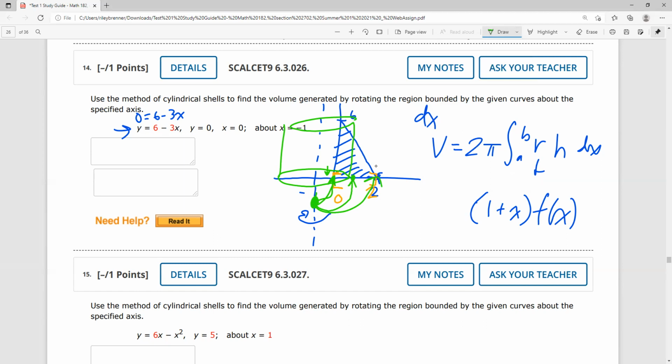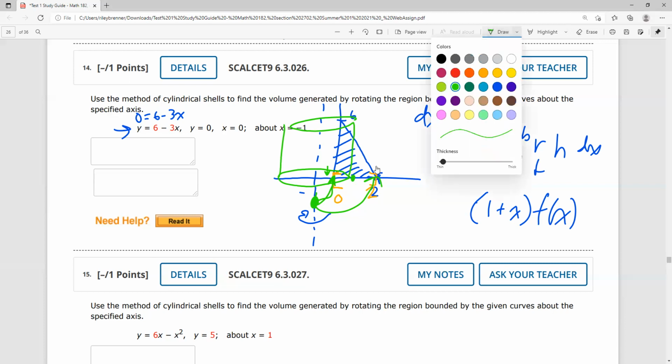So don't pick the arbitrary point. I don't know why I said that. That's not as useful. Do the endpoints because it's easier to visualize that way. I can see that the radius from this endpoint is 1, and the radius from this endpoint is 3, but my bounds are 0 to 2, so that means I added 1 to both, right? That's the sort of logic you can use to help simplify this problem down a bit.